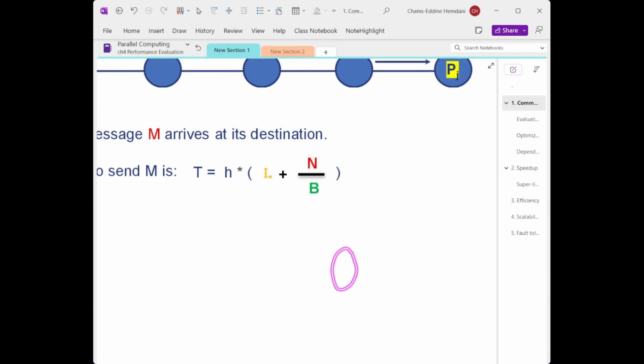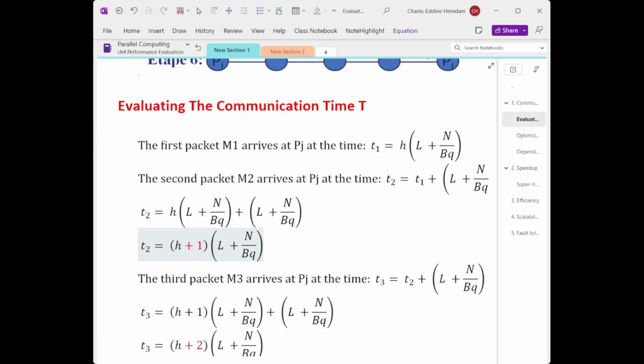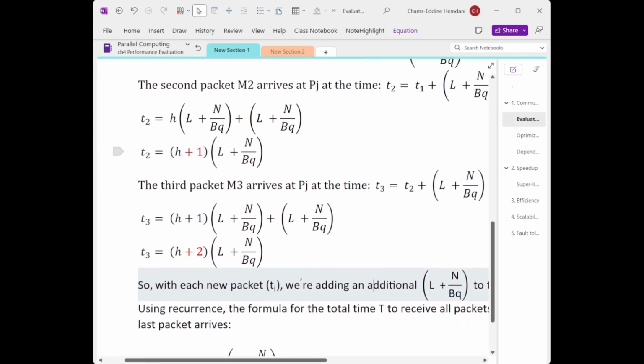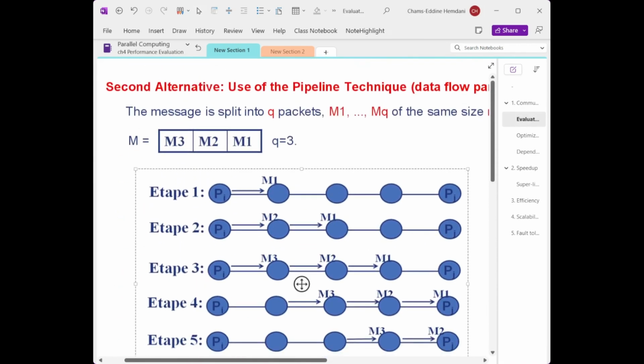We added the Q because we are not considering N but N over Q, because we are splitting the size of the message into Q parts. That's why we always have Q here, Q being the number of parts of the original message.